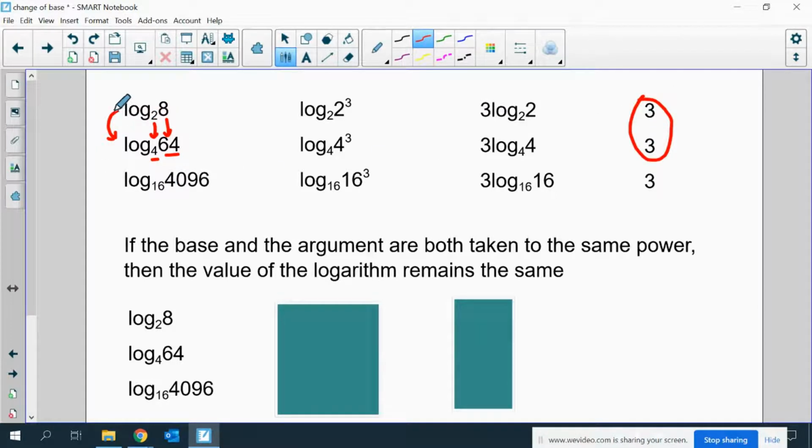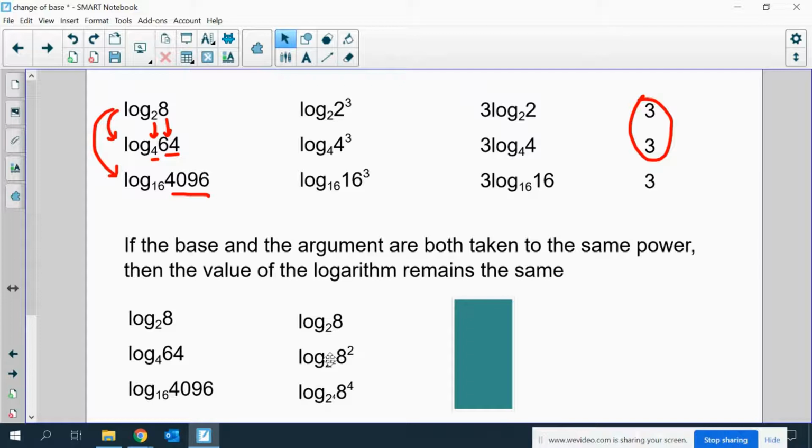Notice that from the first one to the third one, 2 to the fourth is 16, and 8 to the fourth is 4096. So if I take the base and the argument, or the little number and the big number, and I take them both to the same power, then the value of the logarithm remains the same. So all of these things we realized were equal to 3.